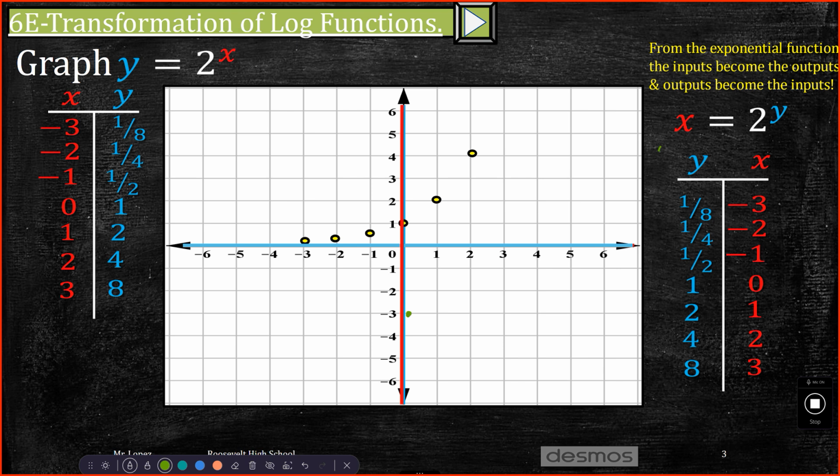These become the inputs, which is weird to say. The input is 1/4, the output is -2. Input 1/2, output -1. Input of 1, output of 0. So it looks like this.